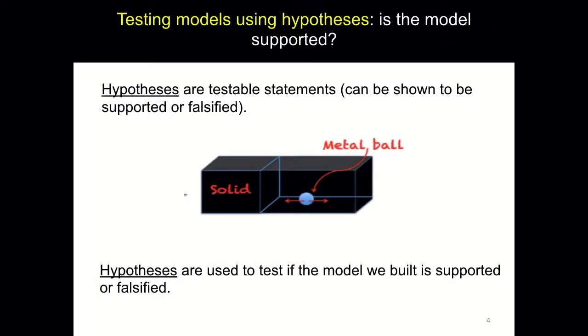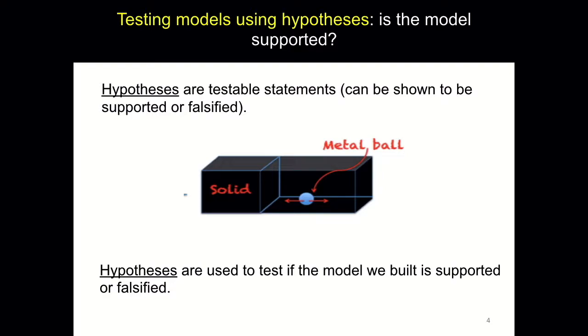Well, how do we then move into the realm of science that most of us are more familiar with, that is hypothesis testing? So another way to think of this is, what exactly is the connection between a hypothesis and a scientific model? Well, it's really important to point out that hypotheses are testable statements.